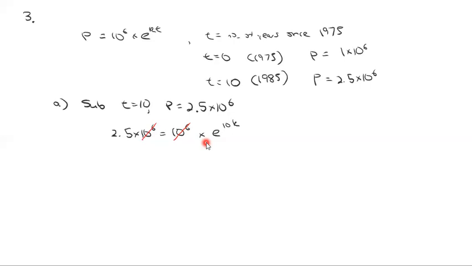So that means you'll end up with 10k, once you take the log, equals log 2.5. And to get k, you will just simply divide the 10 across. So that's approximately 0.0916.